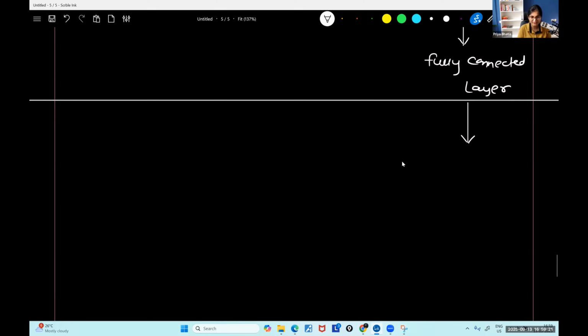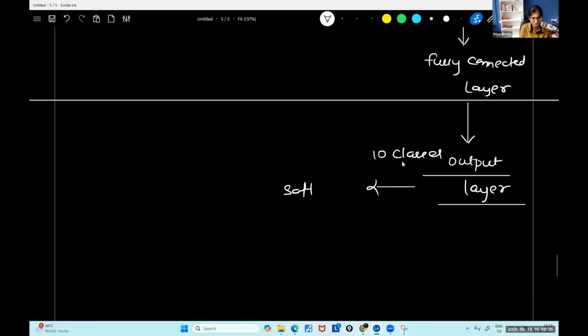Finally, you will have an output layer. Let's say you are dealing with 10 classes. In that case, you will apply a softmax function, which will give the probability to each and every class.